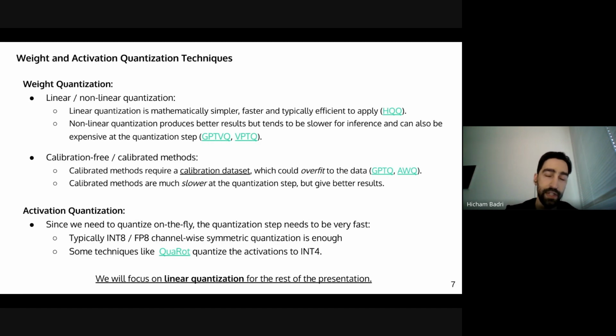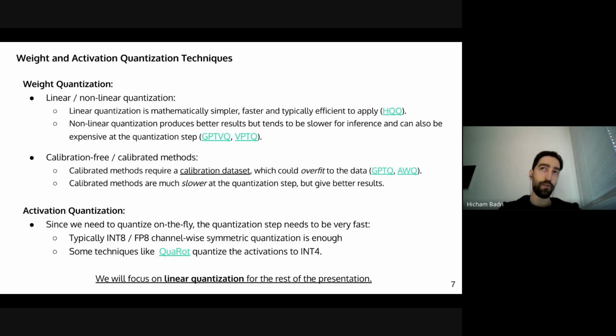In terms of activation quantization, mostly what people use right now is some kind of linear quantization. It's usually symmetric, and it could be channel-wise, or you could do it by blocks. I'm going to talk about this block processing later. There are also some more advanced methods, but pretty much 99% of what people use right now is some kind of linear quantization.